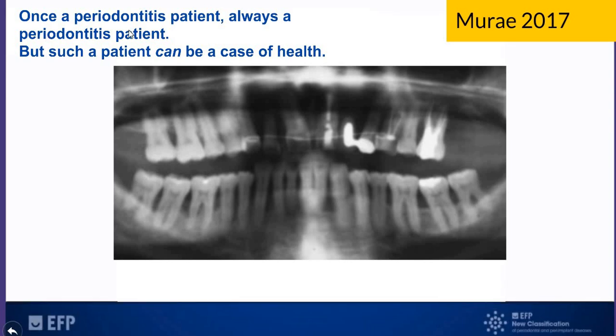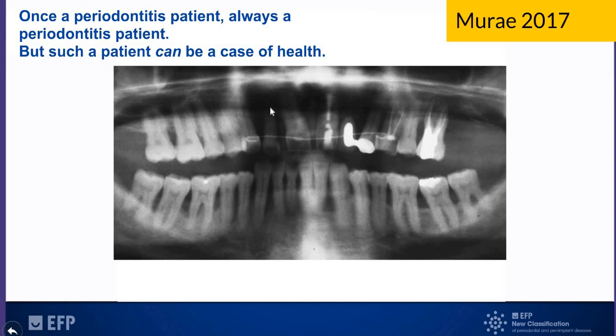As we talked about, once a periodontitis patient, always a periodontitis patient. But such a patient can be a case of health, as we talked about, if we have less than 10% bleeding, and if we have a 4 millimeter or less than 4 millimeter pocket, and if you don't have bleeding on probing on the 4 millimeter pocket.